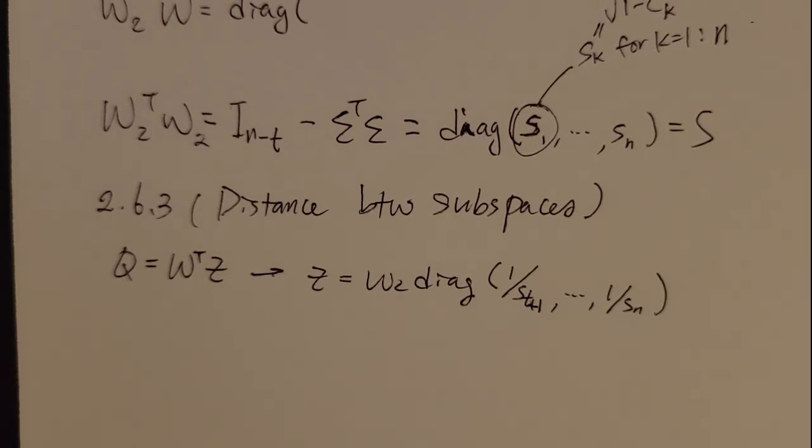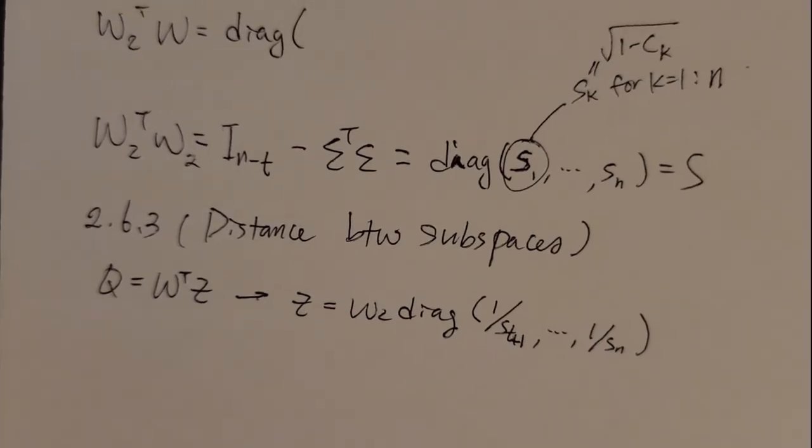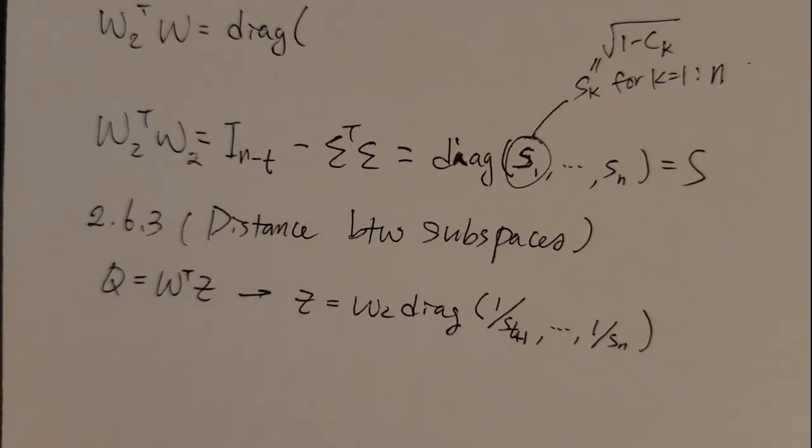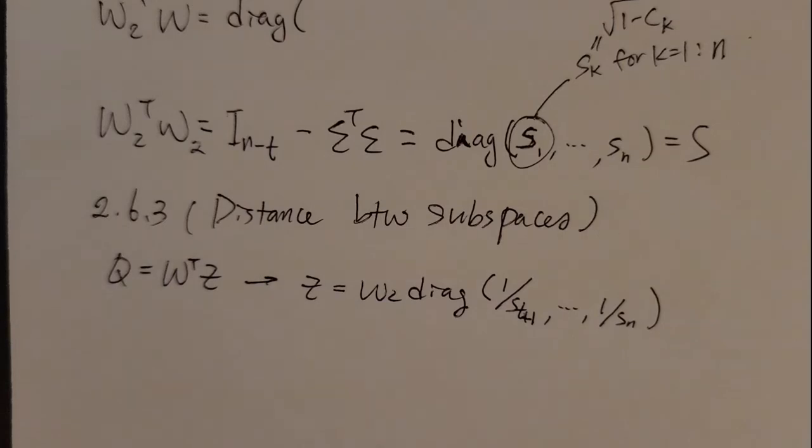This gives you W2 transpose W2 equals the identity matrix minus sigma transpose sigma, which equals the diagonal of elements S sub 1 all the way up to S sub n, and we're going to call that matrix S. If S sub k for k from 1 to n equals the square root of 1 minus C sub k squared, then from chapter 2.6.3, distance between subspaces, in the textbook, it says Z is going to be orthonormal when Q equals W transpose Z, and when Z equals W2 times the diagonal of 1 over S sub 1 all the way up to 1 over S sub n.